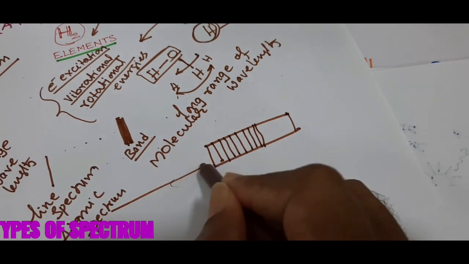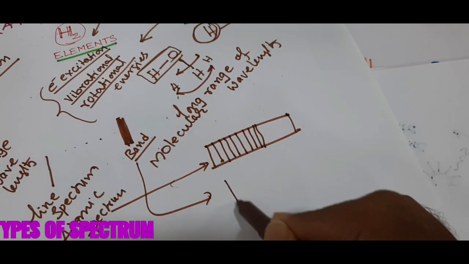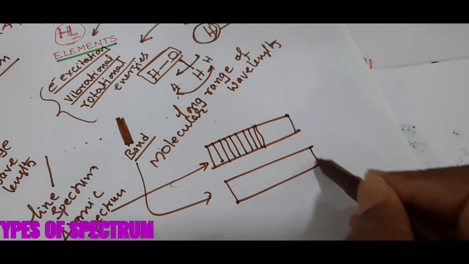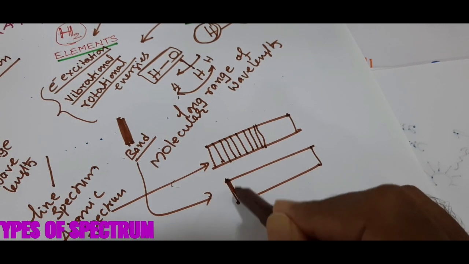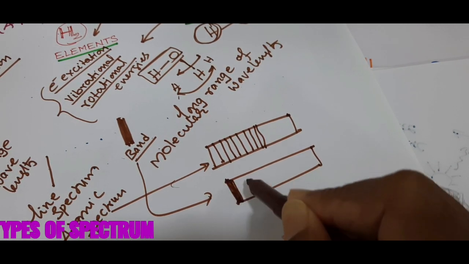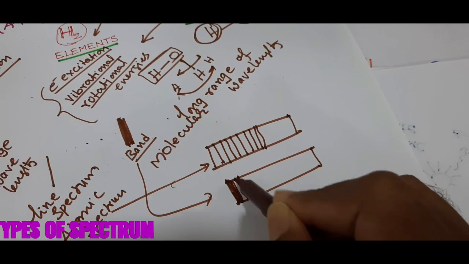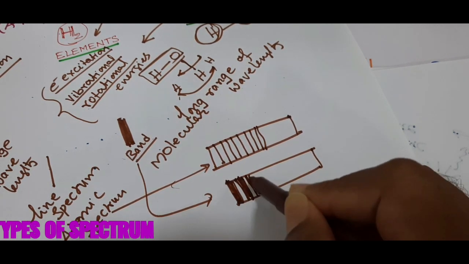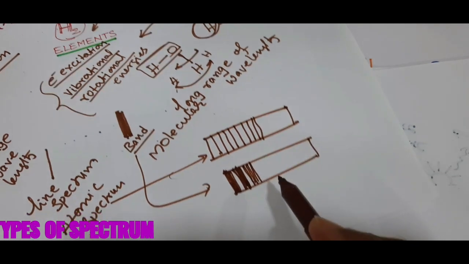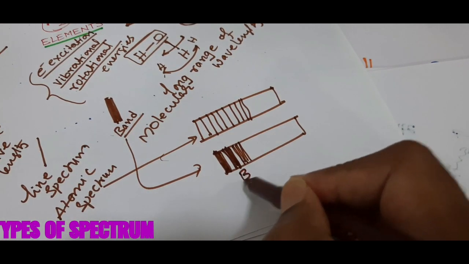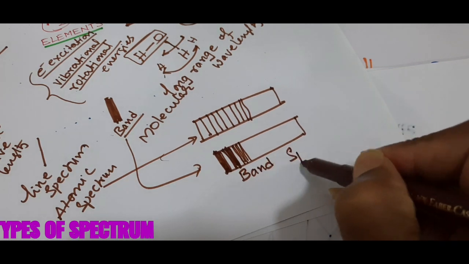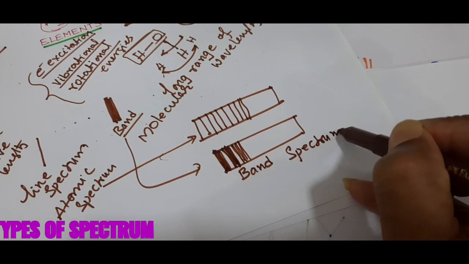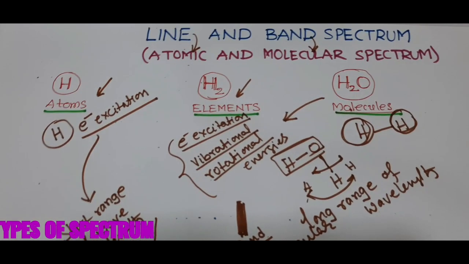This is called a line spectrum. In the case of a band spectrum, the spectral lines appear as patches or as bands with small gaps. Right? This is the line spectrum, this is called the band spectrum. This is a brief explanation about the line and band spectrum.